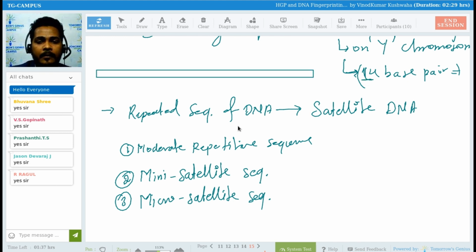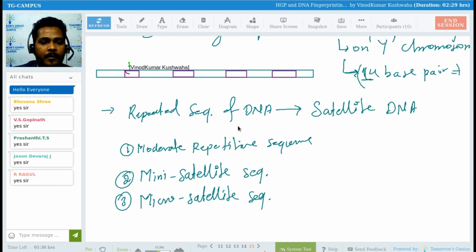Okay, and in this sequence there is this repeated sequence which I'm drawing over here. This is one, another one, like this, right? So this is the repeated sequence.